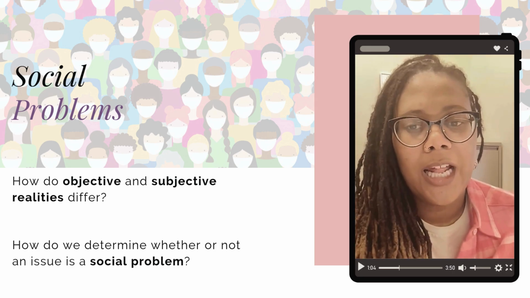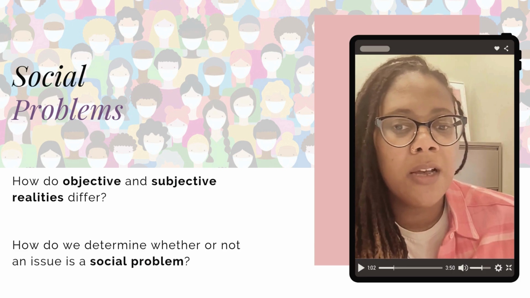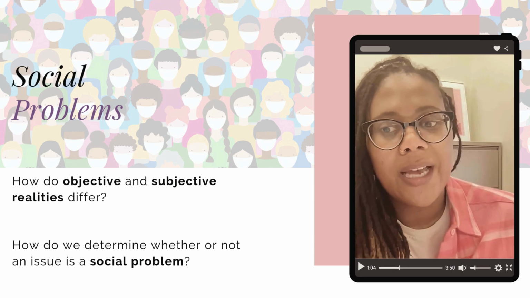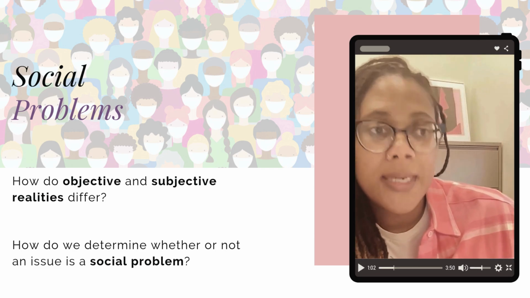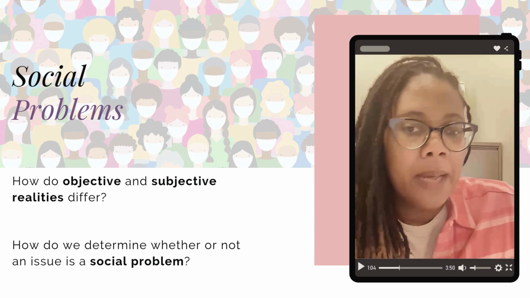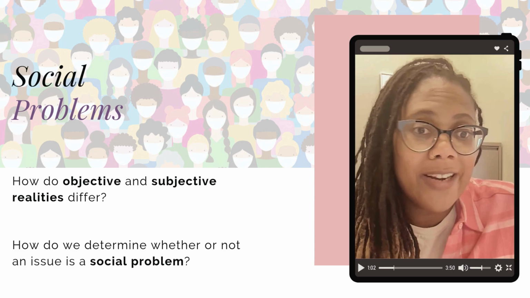And so it's really important that we look at those subjective aspects of our social problems to understand how a social condition can affect one segment of society and be completely ignored by another segment of society, right?